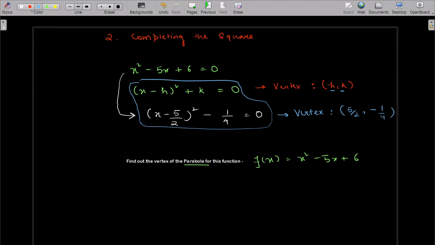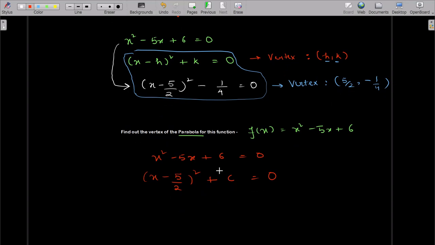The second way the question can be asked is that they will just remove the constant term, and instead of this they will write a variable. So for example, they'll say that if this quadratic equation, x square minus 5x plus c is equal to 0, can be written as x minus 5 over 2 whole square plus, let's say, c, then what is the value of c?